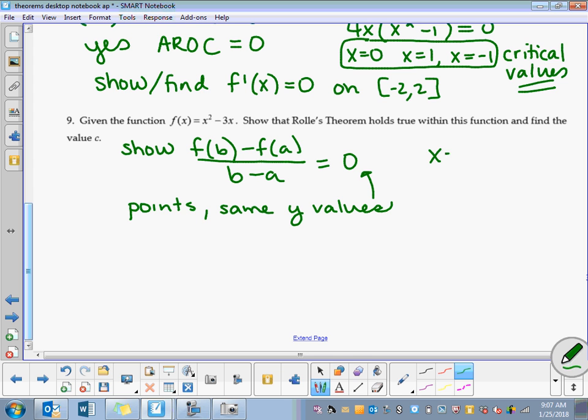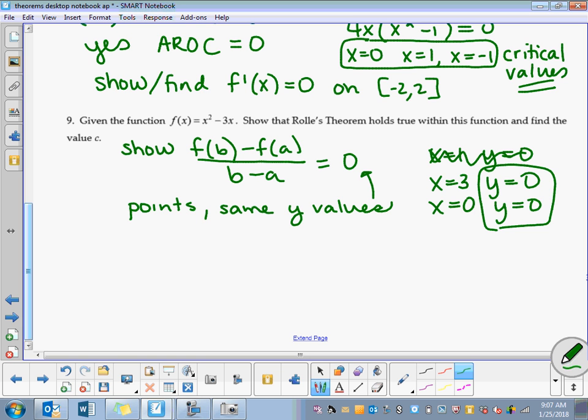Well, if x equals 1, no, that's a lie. If x equals 3, y will be 0. If x equals 0, y will be 0. That's kind of a good generic y value to see. If both my y values are 0, then f of b minus f of a is going to be 0.